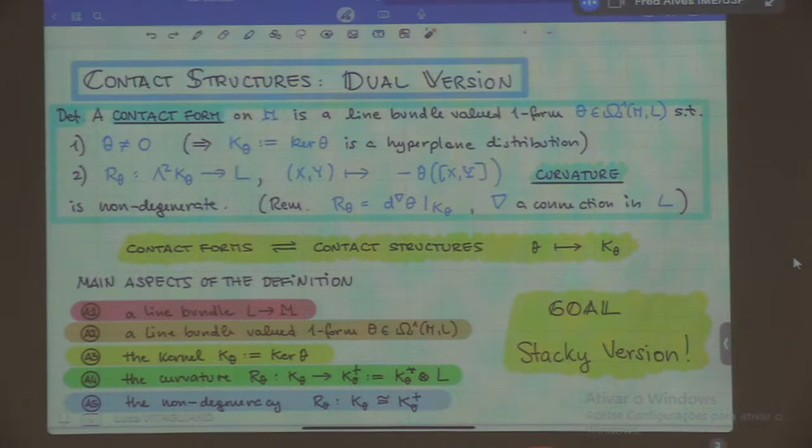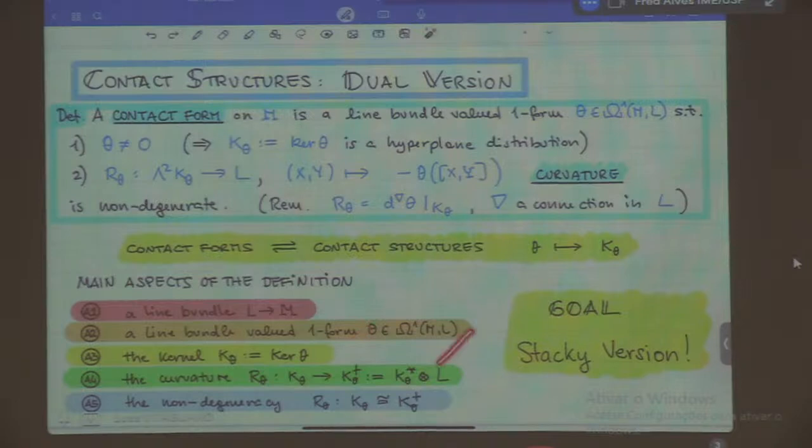I want to stress that there are five main aspects in this definition. First of all, there is a line bundle. Second, there is a line-bundle-valued one-form. Third, there is the kernel of this one-form.